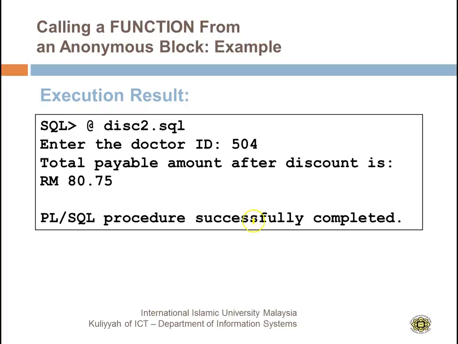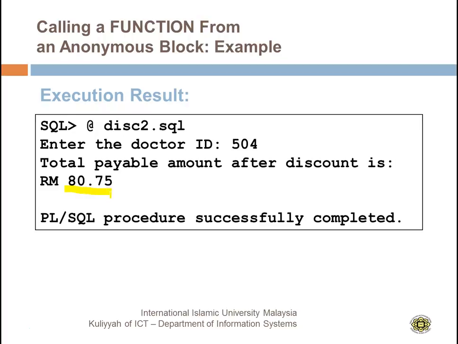Okay, so say the Dr. ID is 504. So 504, as we created earlier in the function, will get 25% discount. So this is the amount that they have to pay after the 25% discount.